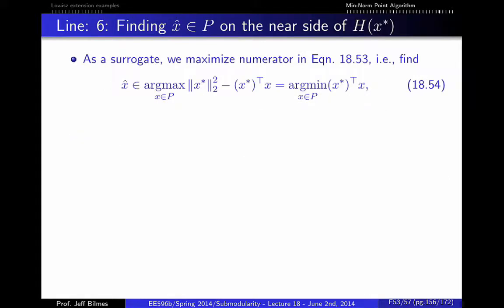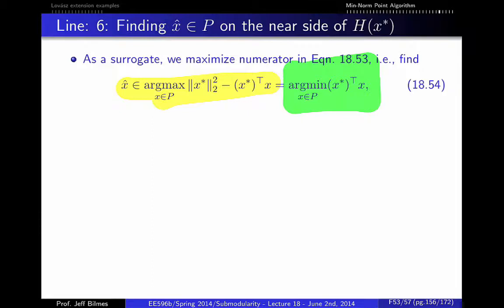But the happy part of this is that we can maximize the numerator without dividing by the denominator. We maximize the numerator of equation 18.53, and we choose this x. But then part of it is just a constant, and so now what we've got is this optimization problem for choosing x hat.